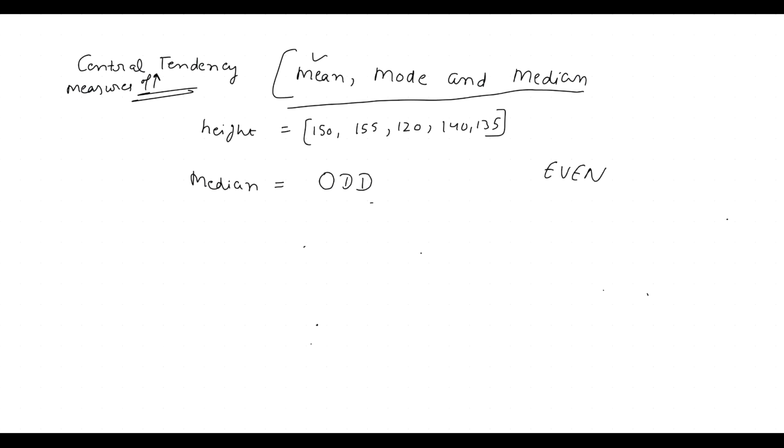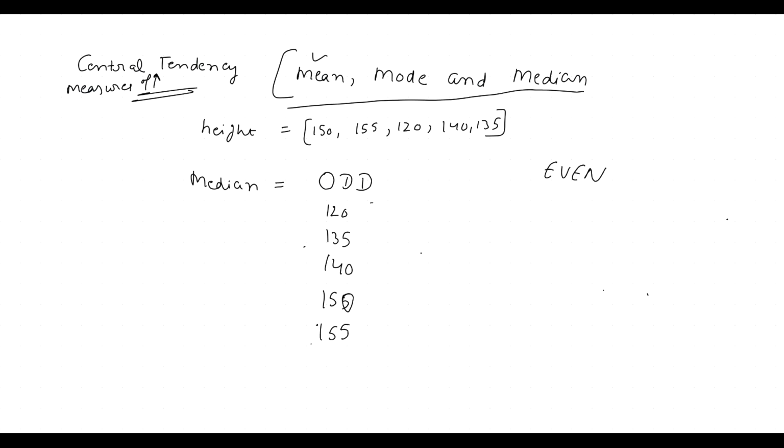If this is odd, first you will sort it. You need to sort the data first when you want to find your median. So here we will do 120, 135, 140, 150, and then 155.